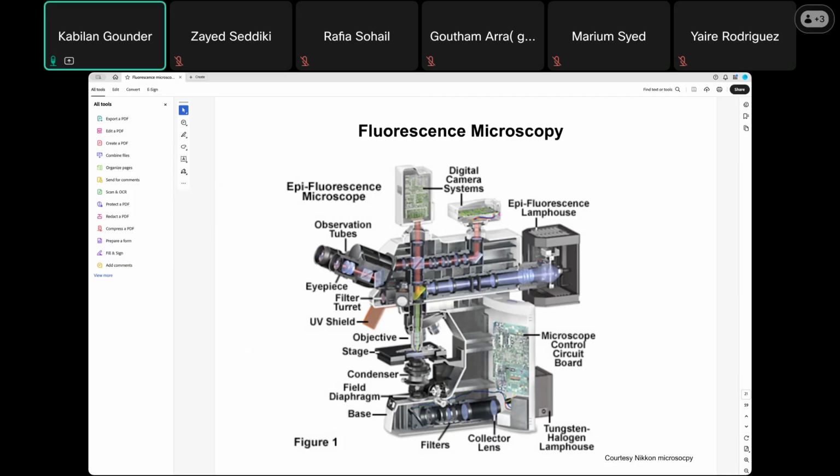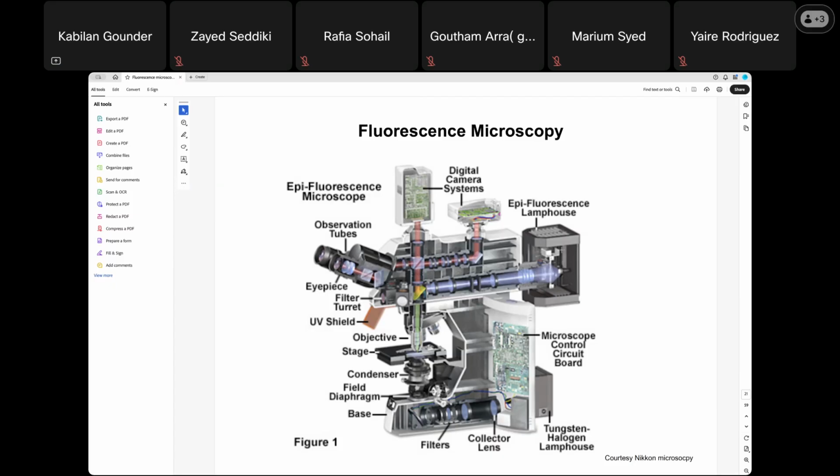Here you can see the eyepiece, and then this is the fluorescence lamp. This is just digital imaging, but every company has different components, like the inverted microscope and the upright microscope.